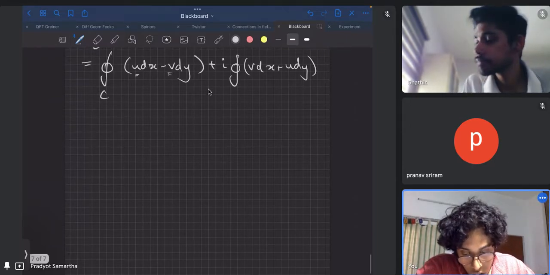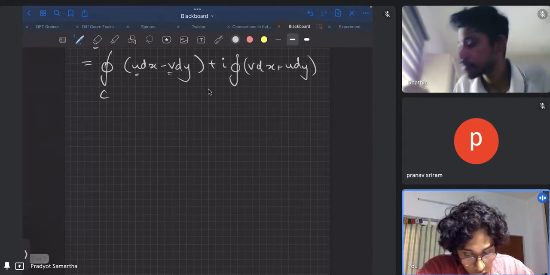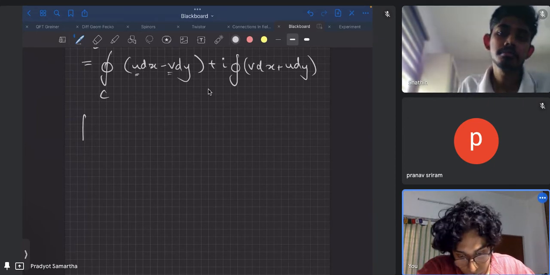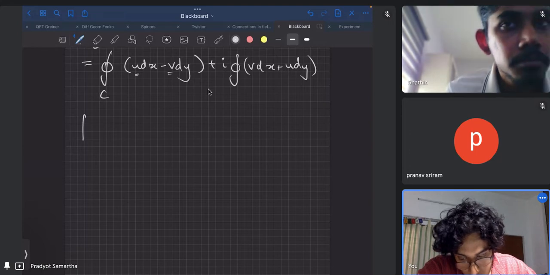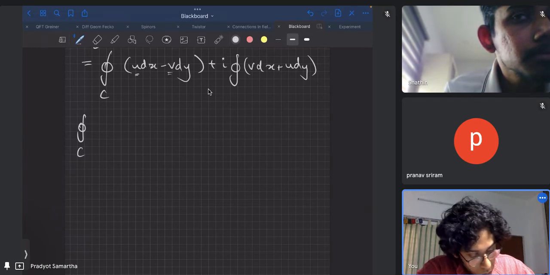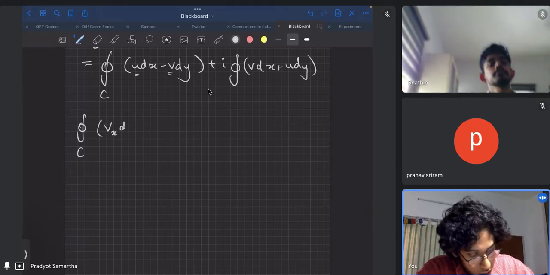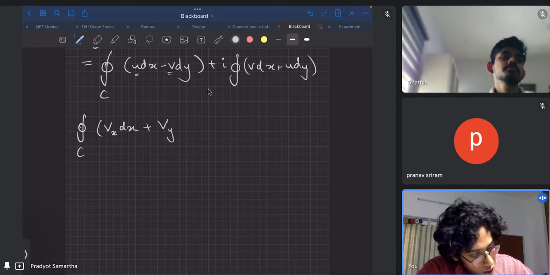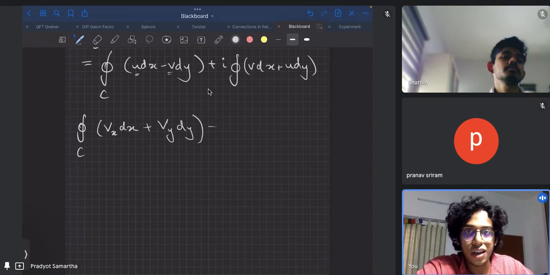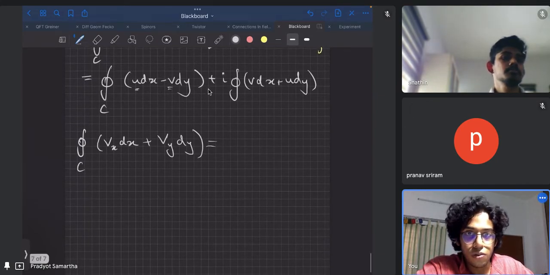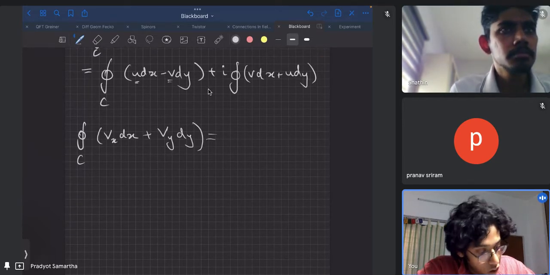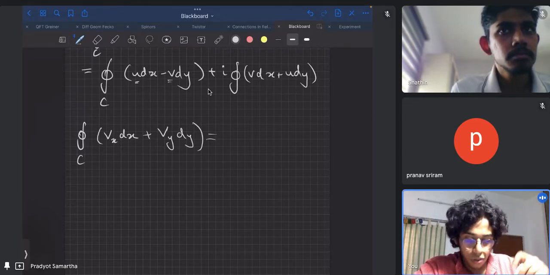Now, how do we rewrite this? We'll try to draw this. The integral of vx dx plus vy dy is equal to, so we are just rewriting the Stokes theorem.